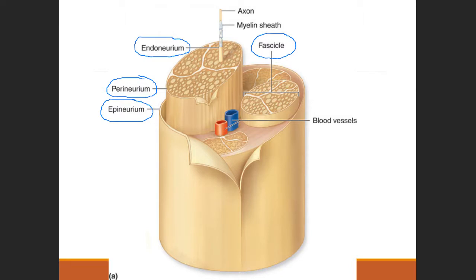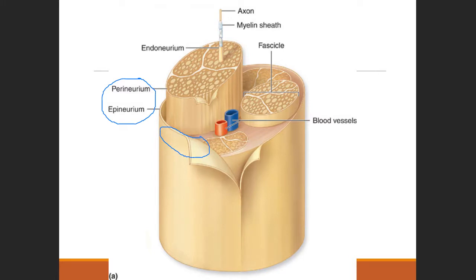Epineurium and perineurium are protective against physical distortion. We do not want a lot of compression and distortion applied to the axons within these fascicles. The epineurium and the perineurium protect against this distortion. We got a nice, relatively thick epineurium on the outside preventing compression.